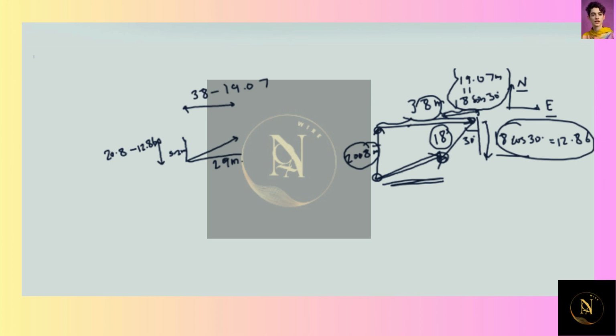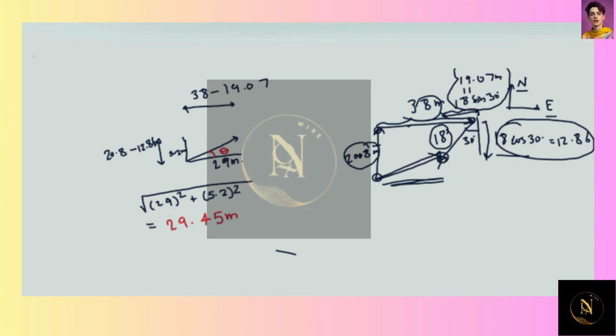By using Pythagoras theorem, we can see that the magnitude of this vector is the square root of 29 squared plus 5.2 squared, which would be 29.45 meters.